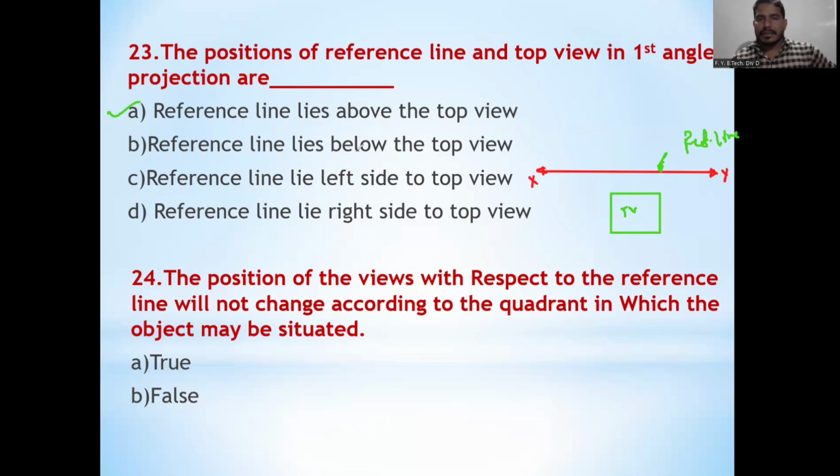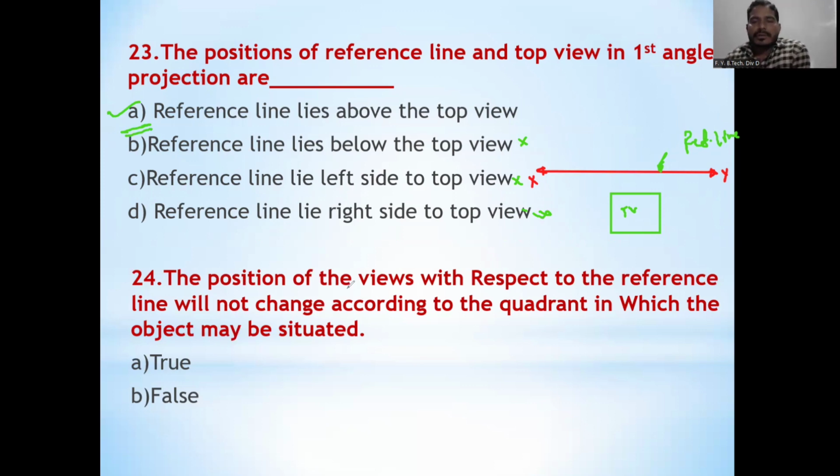B, reference line lies below the top view. Is it there? This reference line below the top view, it's not there. It's wrong. Reference line left side of the top view, wrong. Reference line right side of the top view, wrong. So here option A is correct, because the reference line lies above the top view.